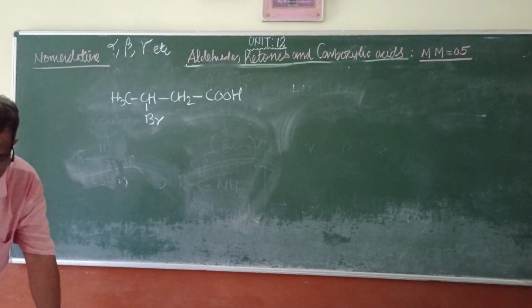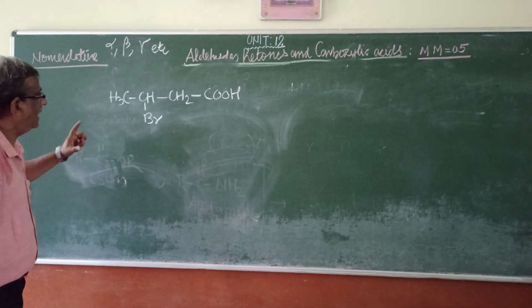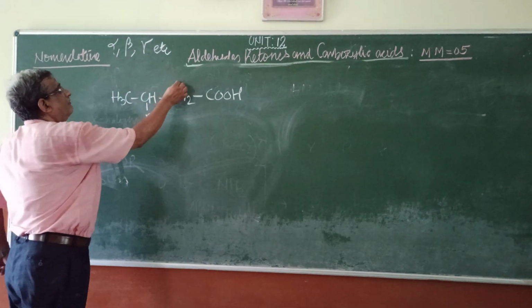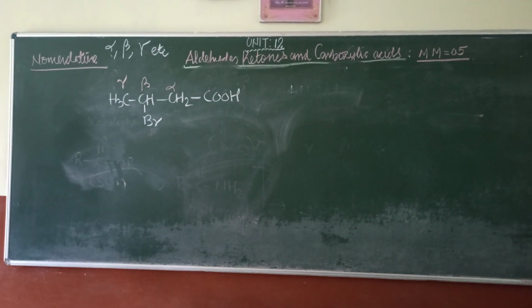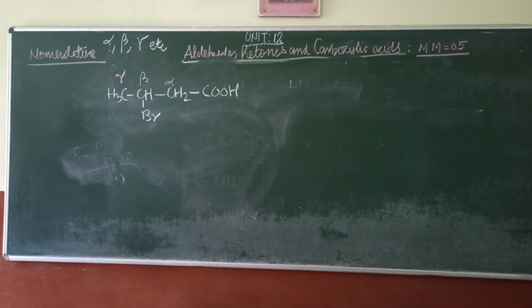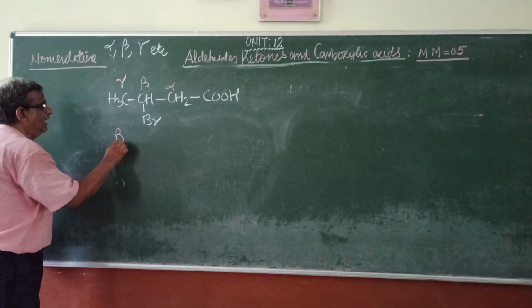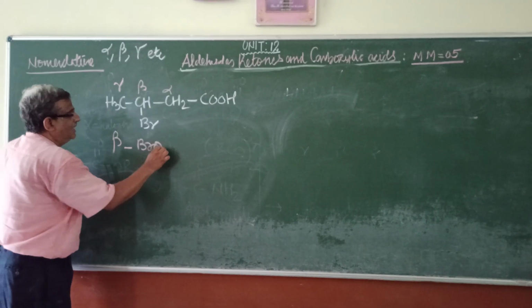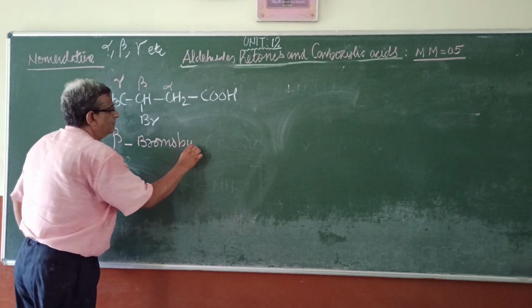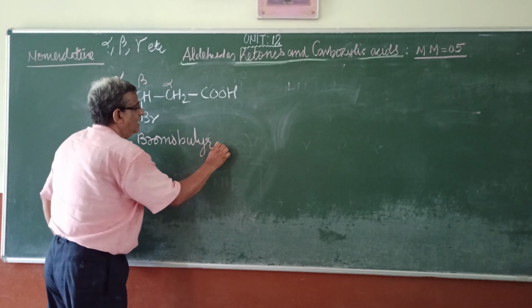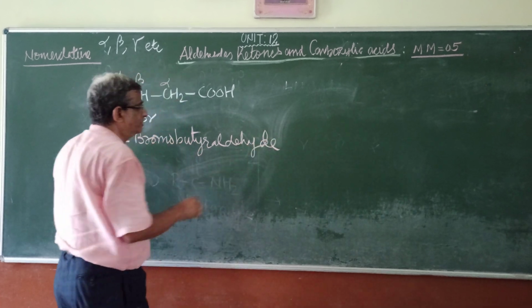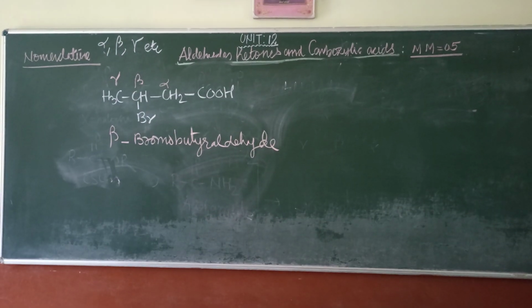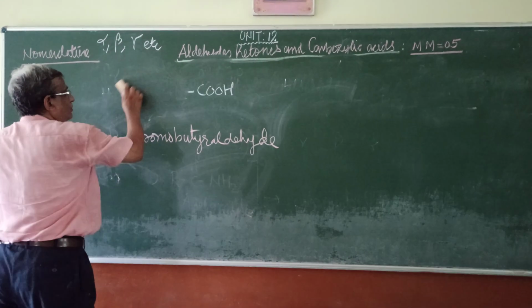Now, this carbon will be alpha, this will be beta, and this will be gamma. So, children, the name of this compound is beta bromo butyraldehyde.